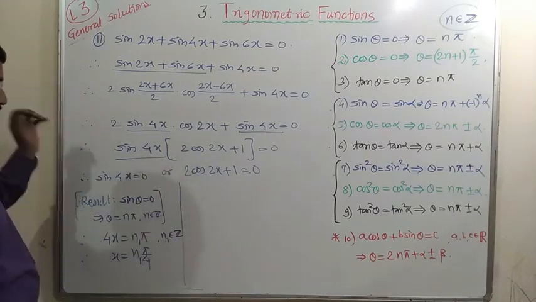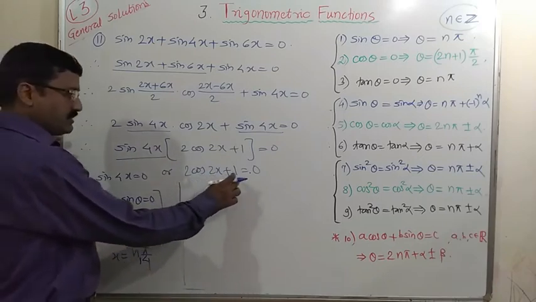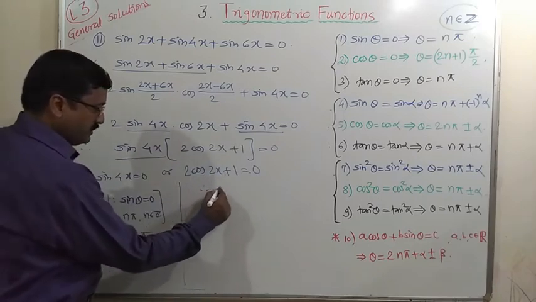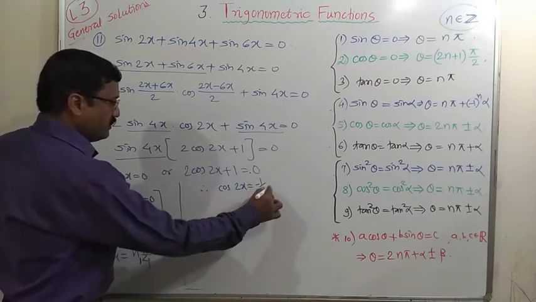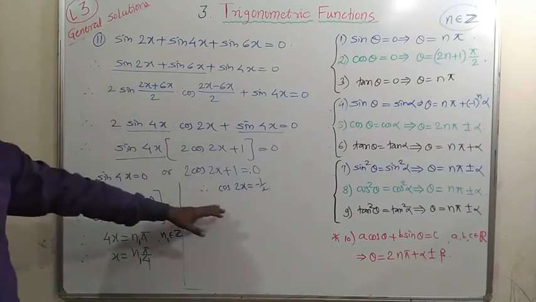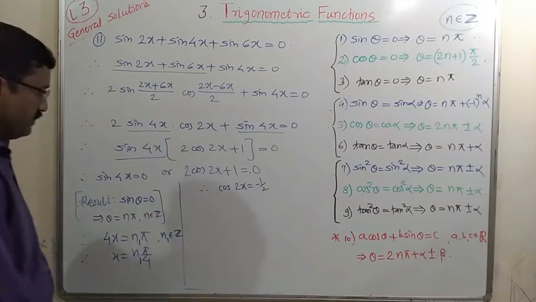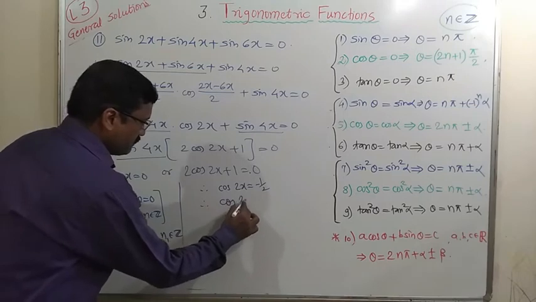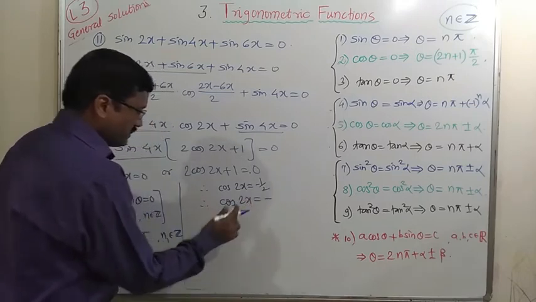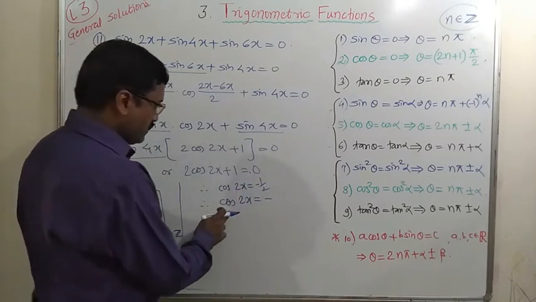Now in the second part, 2 times cos 2x plus 1 equal to 0, therefore we get here cos 2x equal to minus half. And already we have solved this type of example. For which angle is the cosine ratio half?